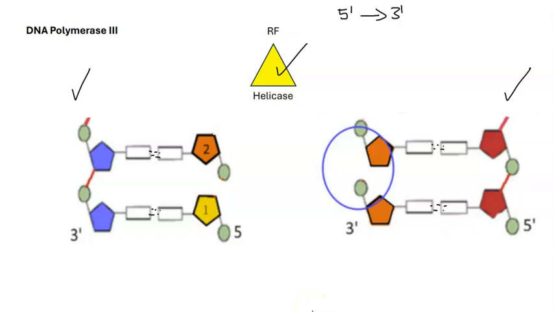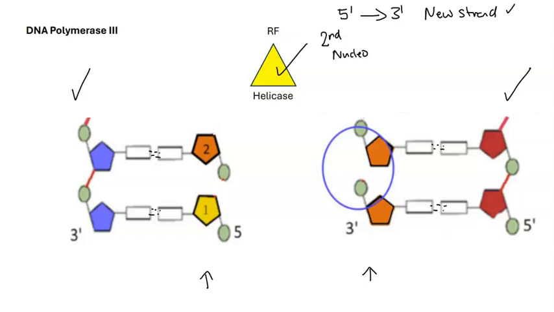First of all, we're referring to the new strands. So that's both the leading strand here and the lagging strand there. So the discussion is about the new strands. Now the 5' is referring to the 5' carbon on the second nucleotide.